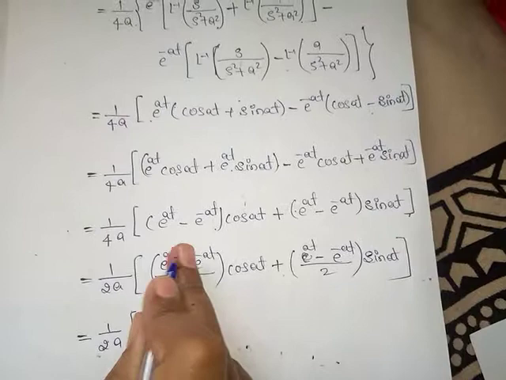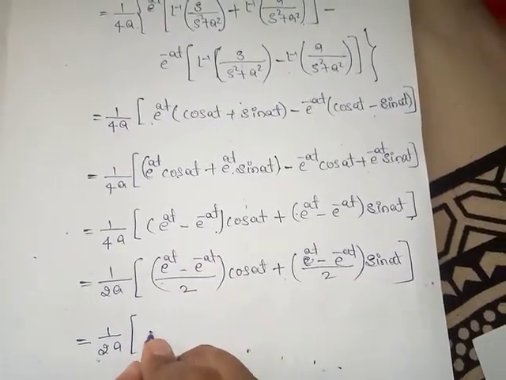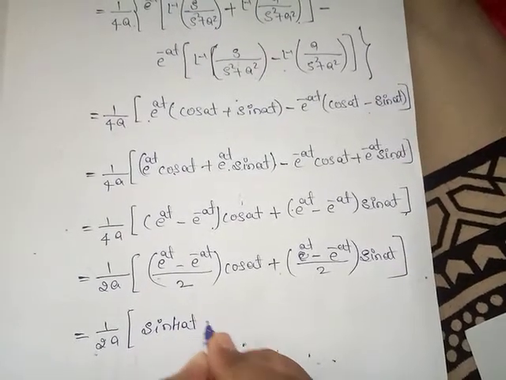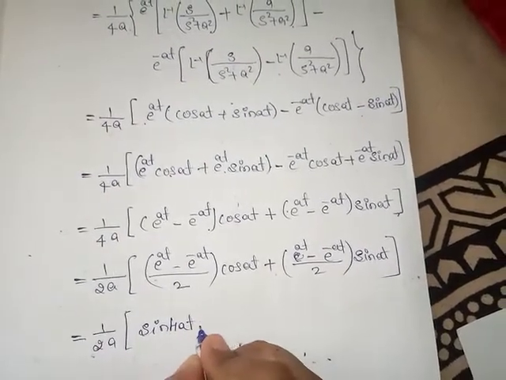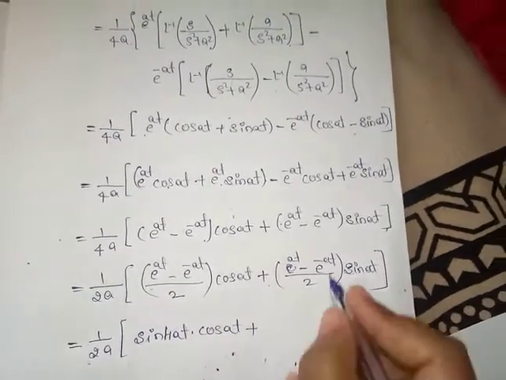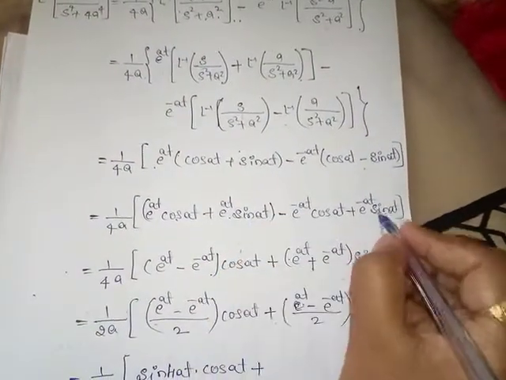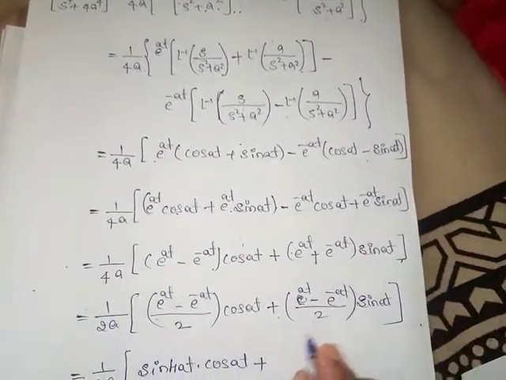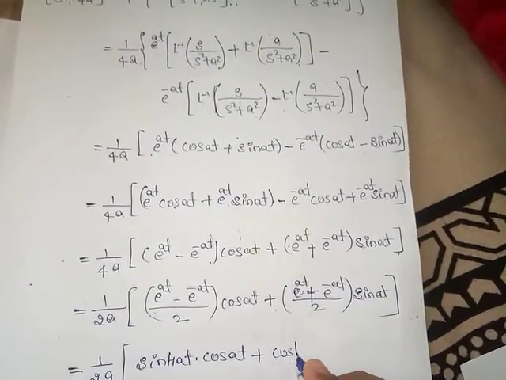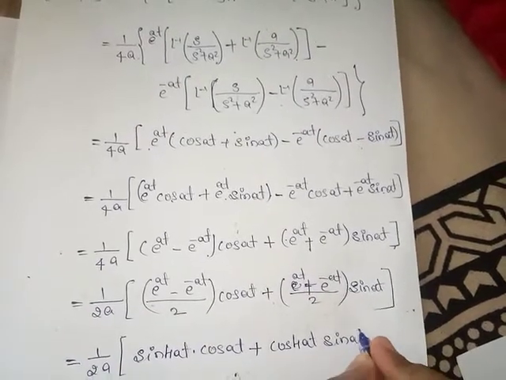We know that e raised to at minus e raised to minus at divided by 2 is sinh at, hyperbolic sin at, into cos at plus, since both the terms have positive sign here, cosh at into sin at.